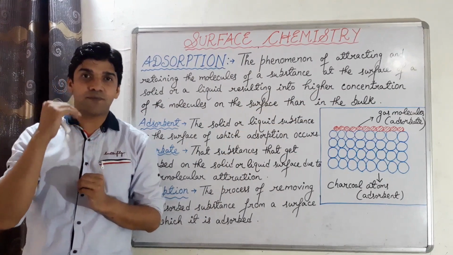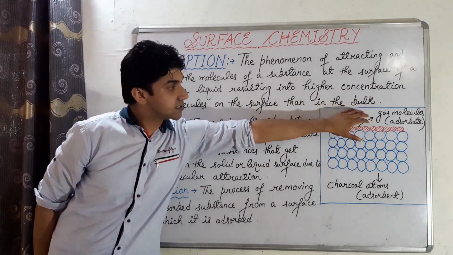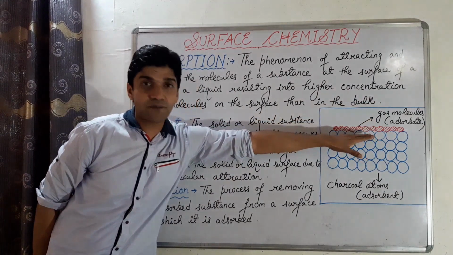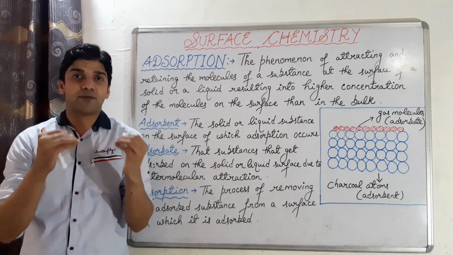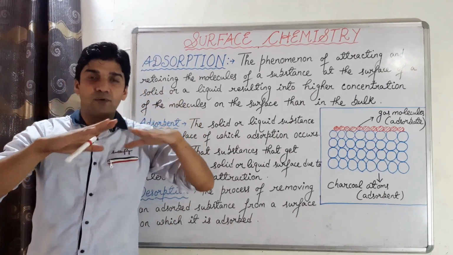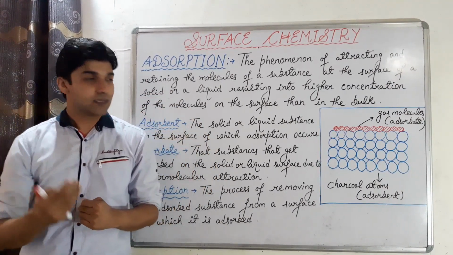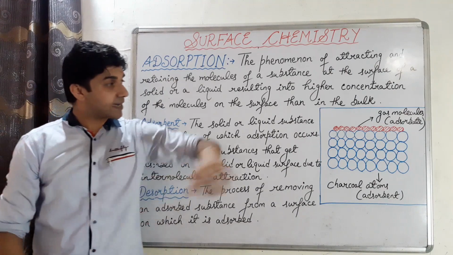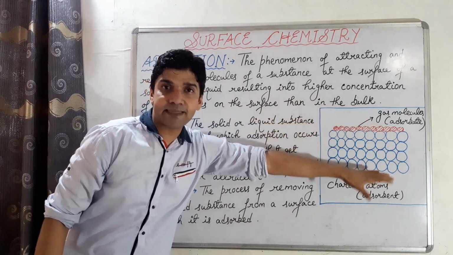The phenomenon of attracting and retaining molecules of the substance at the surface of a solid or a liquid. तो किसी भी solid या liquid surface पे कोई molecules substance के adsorb हो रहे हैं, attract और retain हो रहे हैं, और उससे क्या होगा? That will result into the higher concentration of molecules at the surface than in the bulk.